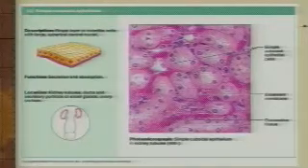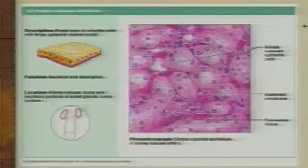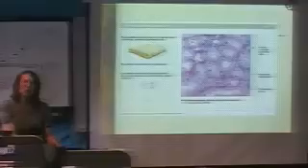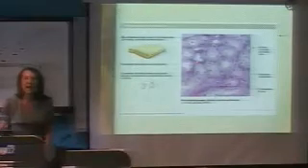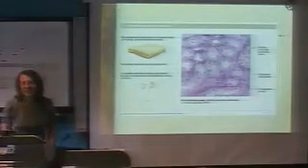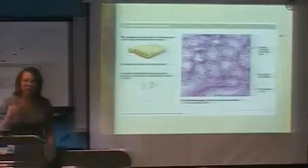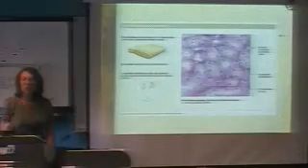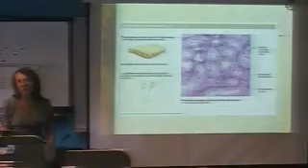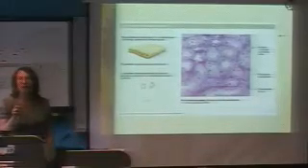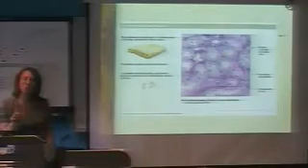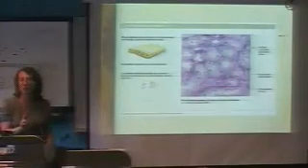Now, if you look at this one, okay, I'm going to zoom you back out here. If you look at this one, we are actually looking at collecting ducts in the kidneys. Now, one other thing that is new since we're looking at microscopes, keep in mind that this is a two-dimensional picture of a three-dimensional object.